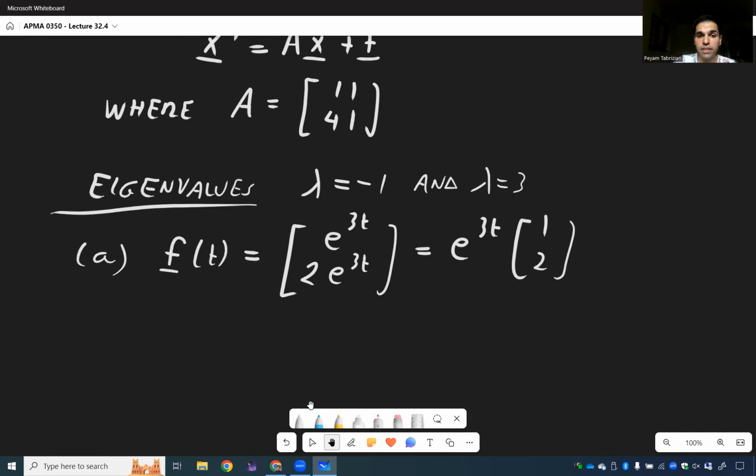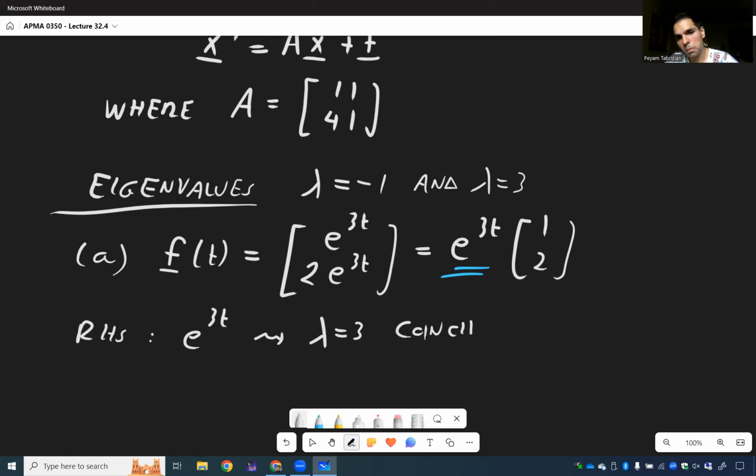So here what happens, the right-hand side has e to the 3t, which corresponds to lambda equals 3, which this time coincides. So in fact, there is resonance.